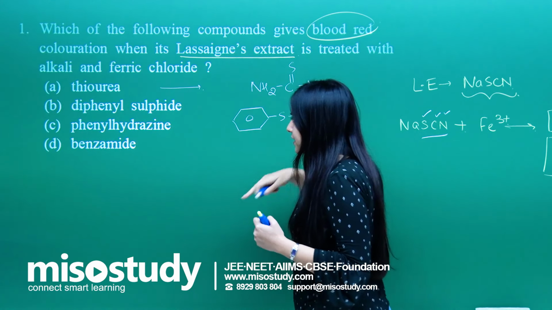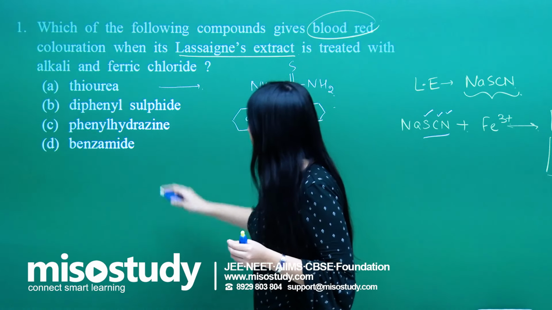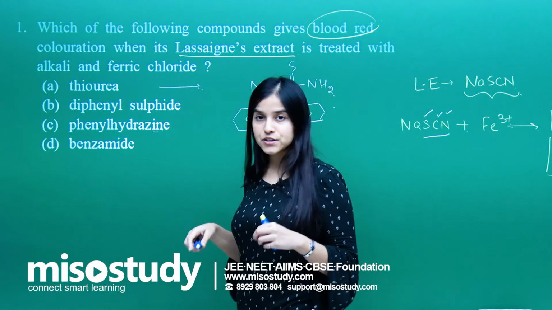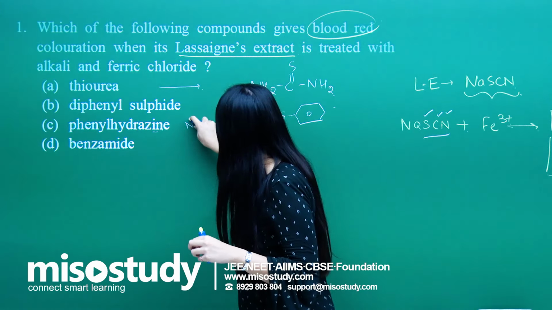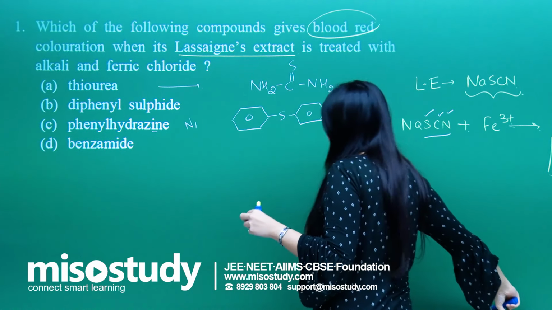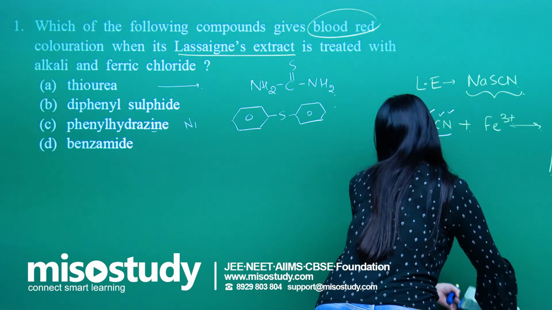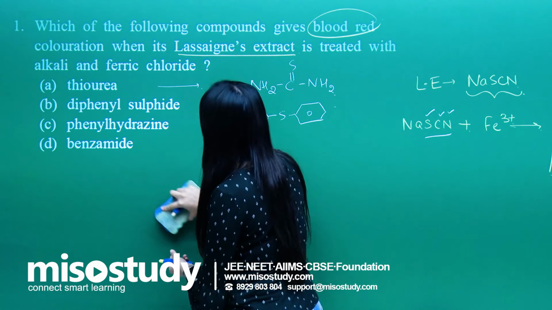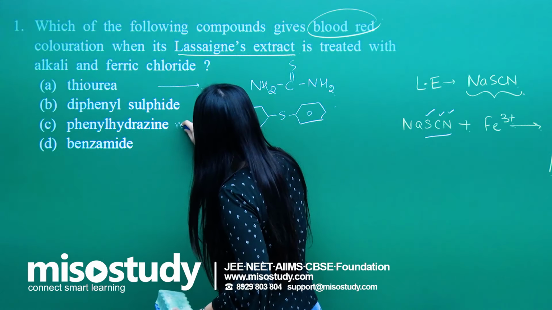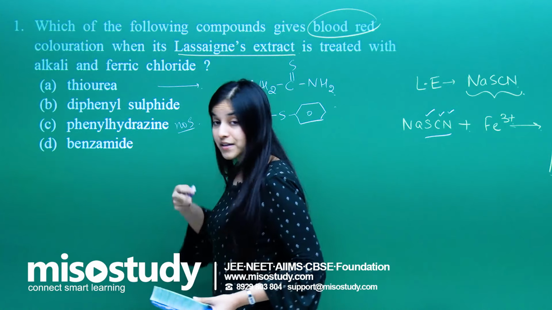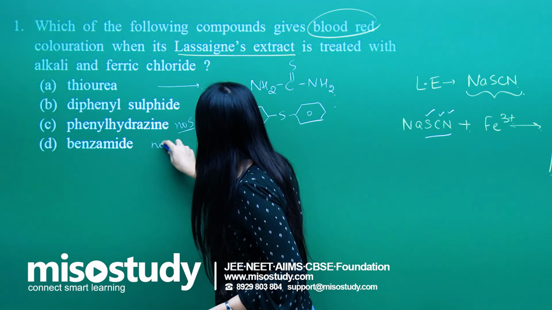Diphenyl hydrazine. If you just look here very carefully, in diphenyl hydrazine as well, you will not find any sulfur present over here, right? So there is no sulfur present. In benzamide as well, no sulfur.